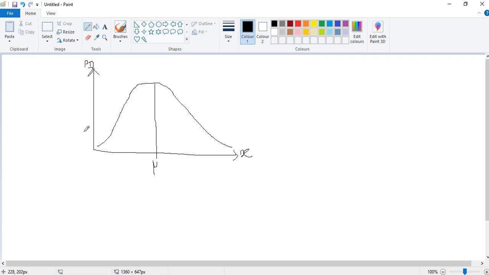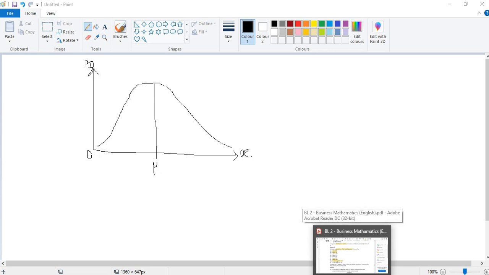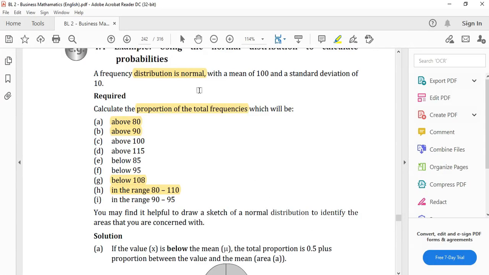Now above 80 mark, you all think where this 80 should come? Should it come in the y-axis or should it come in the x-axis? Where should it come? 80. Well, they have said the mean value is 100.